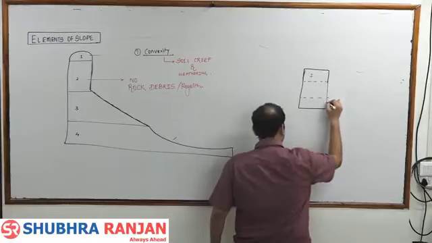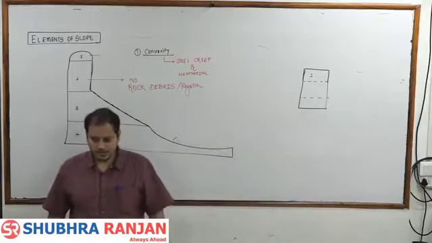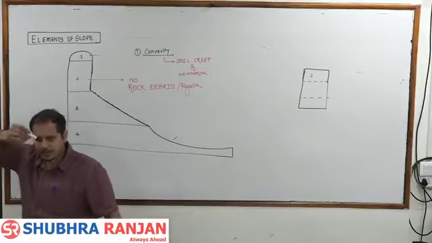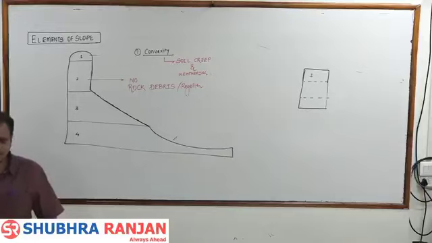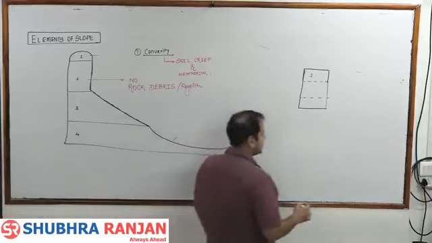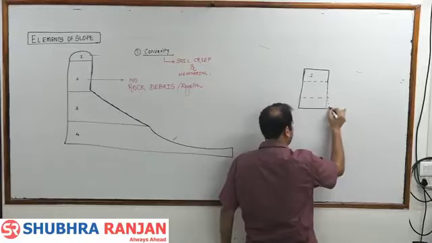Rectilinear slope. What will happen in the rectilinear slope? Constant angle. See how the rectilinear slope is formed. All the weathered material from the free face will get accumulated. This material will be bigger in shape.